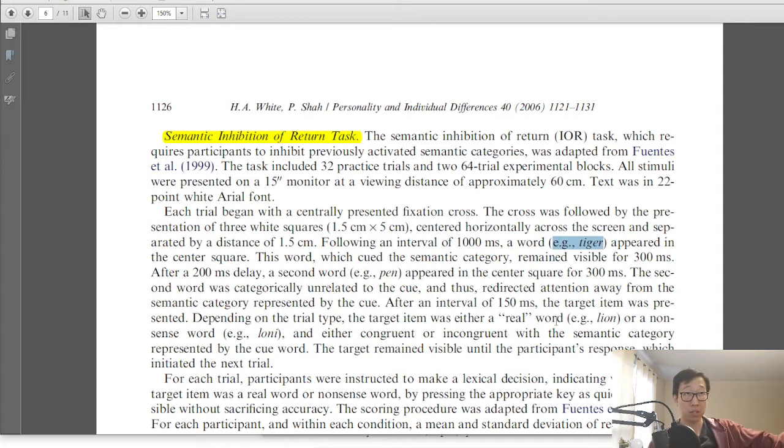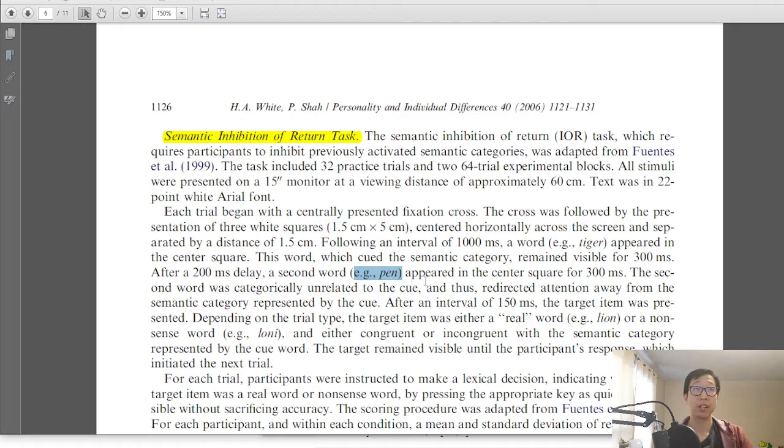So that has its own semantic category, meaning that it's an animal, it's a predator, it has claws. There's some category to which it belongs, in some sense. And then the participant is shown a second word, in this case, for example, pen.